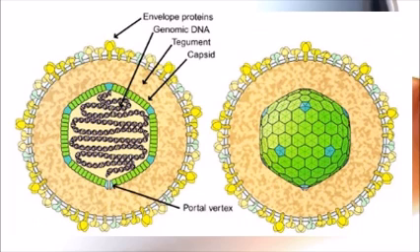Since the Epstein-Barr virus is a virus, its structure is very simple. The virus has a four-layer structure, which contains a core where the double-stranded DNA is stored. There is an icosahedral-shaped capsid.